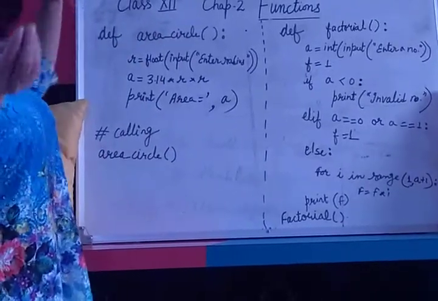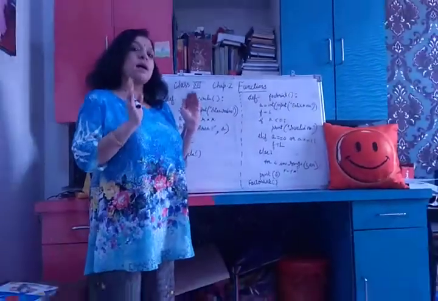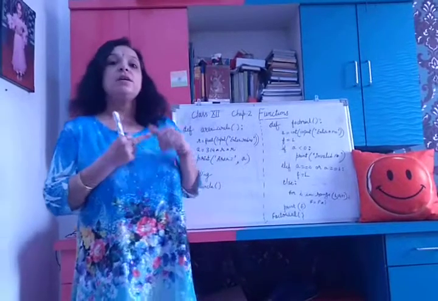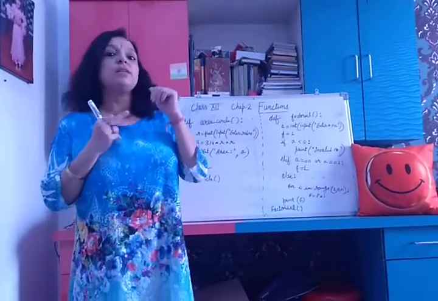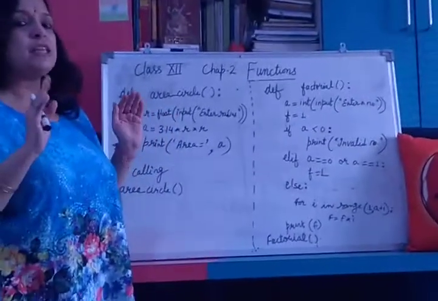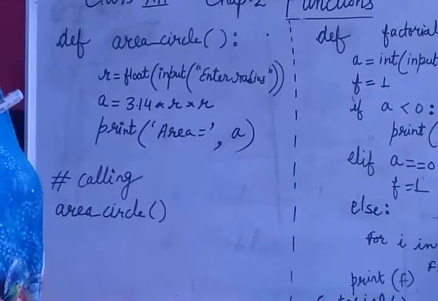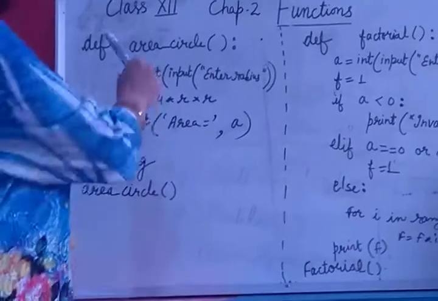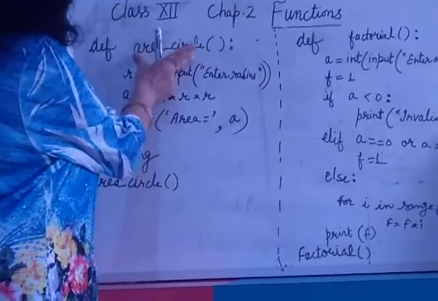As you name your variables, the same rules are applied for naming a function. I told you earlier that it should start with an alphabet. It can contain numbers, but it should not start with a number. And space should not be there. Any special character except underscore cannot be there. So this is the name of the function.